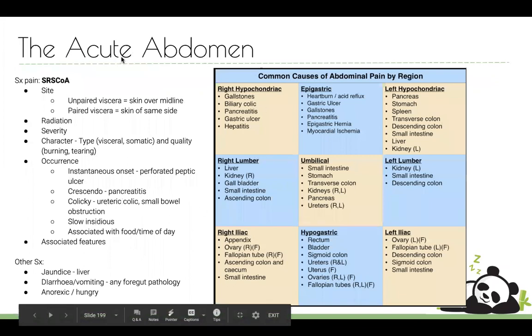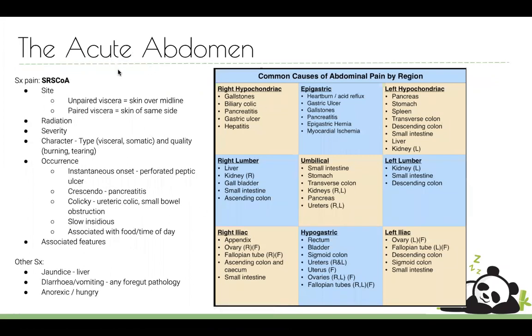So when you have a patient come in with acute abdomen, you want to take a pain history. You can do your WWQQA, BICA, or you can do ESRS-CoA, depending on what suits you. But looking at the site, if it's paired viscera, so something like your kidneys, pain will appear on skin of the same side.